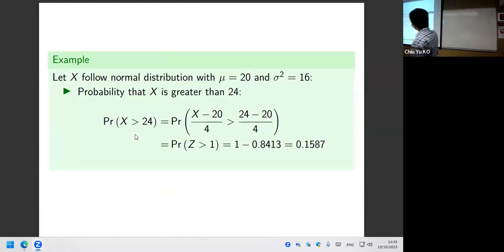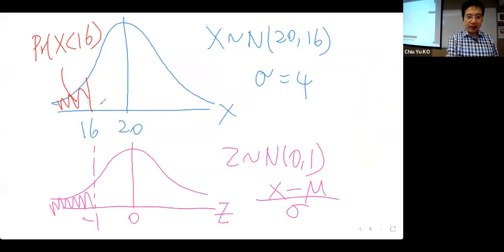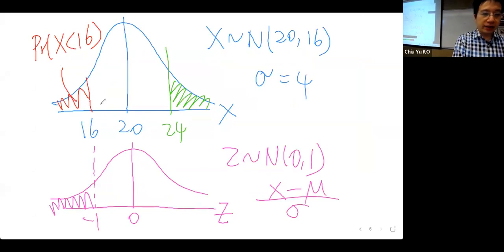And more than 24 will be the same, because the SD is just 4, so it's how likely to be more than 1 SD above. Just to draw a graph again, instead of 20, the question asks 24 here, asking for this area, but this area is essentially this area.